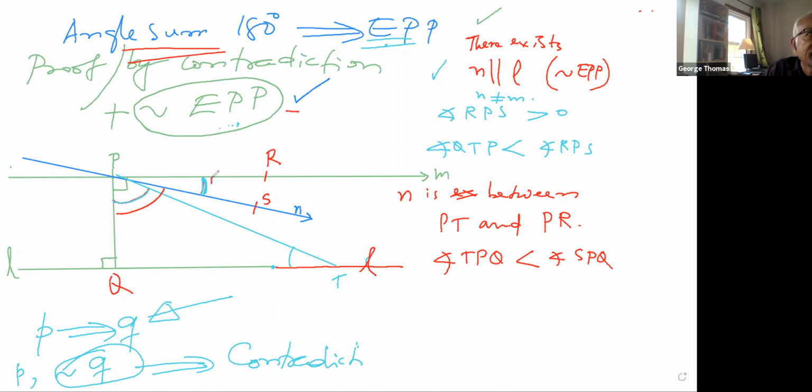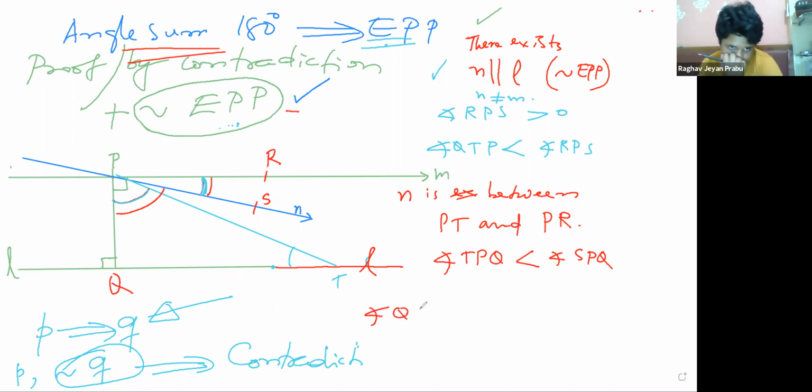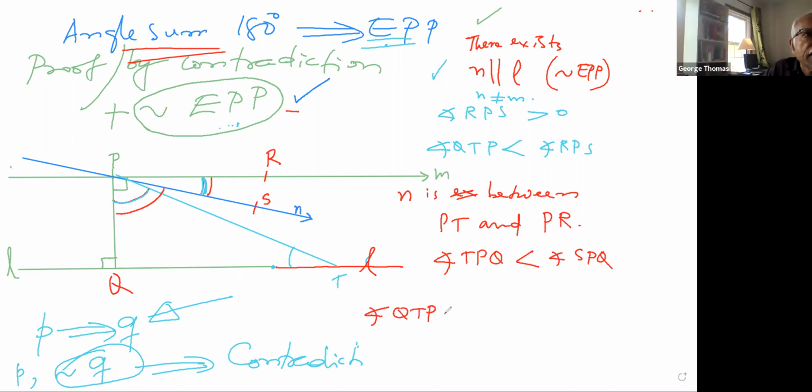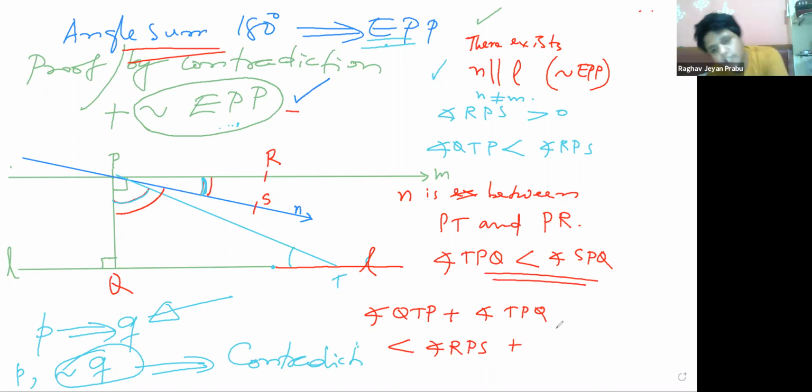By construction. Yes, sir. So that means that angle QTP is less than RPS, and angle TPQ is less than angle SPQ.